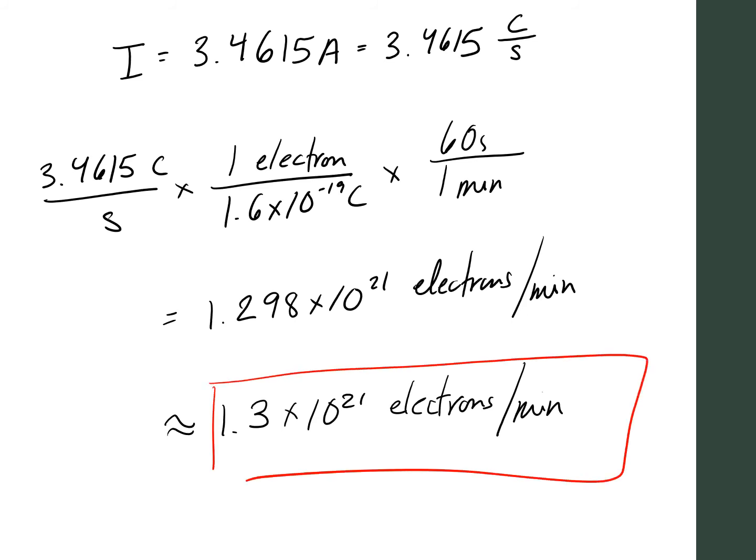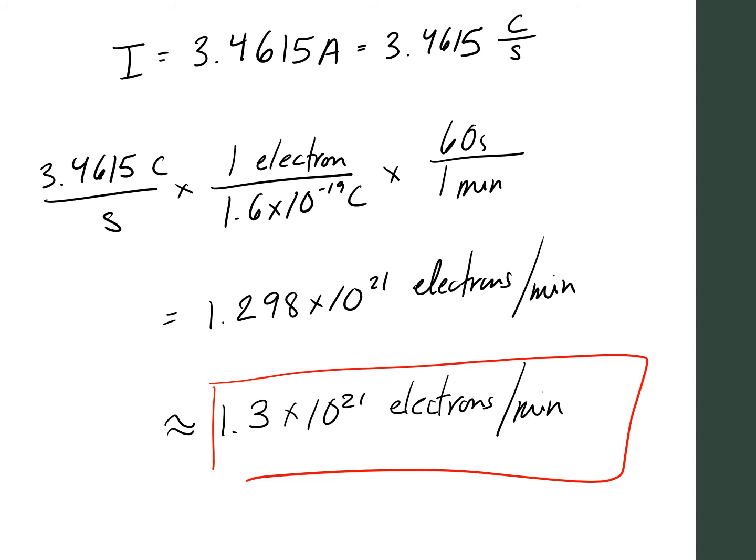So even though our current is a small number of amps, 3 typically isn't seen as a very large number, we have 10, so you have 1.3 times 10 to the 21 electrons leaving the battery every 60 seconds.